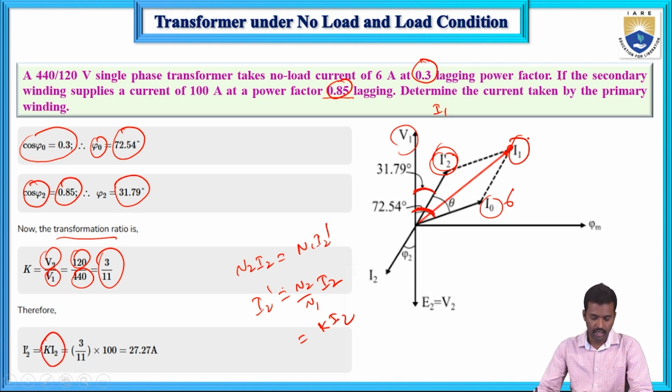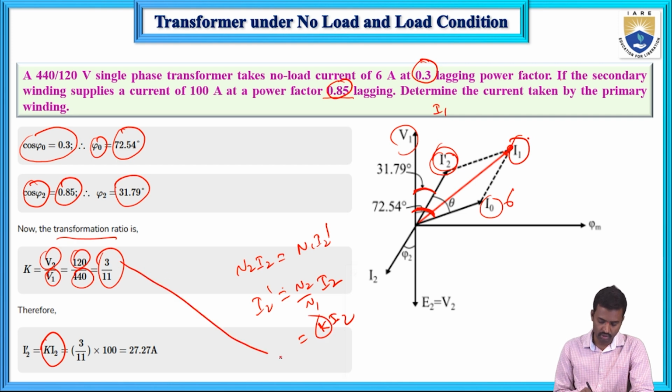Substituting K and I2 equals 100, that equals 27.27. This one is 6 amp.